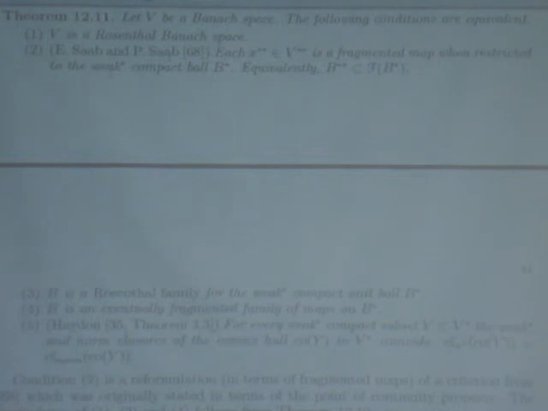For example, Sobczyk can be reformulated for Rosenthal this way, that if you take any element from the second dual, it is a fragmented map if you restrict it on the weak star compact ball. Or equivalently, you can write in this way.